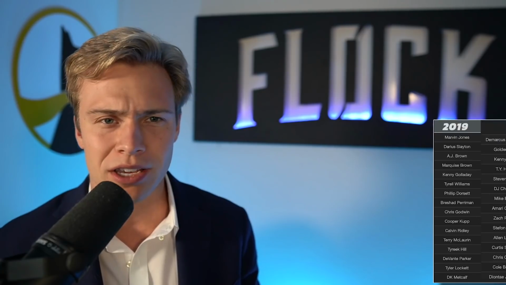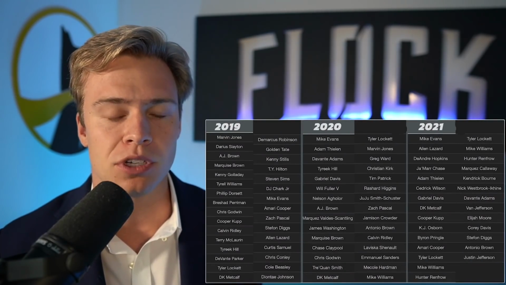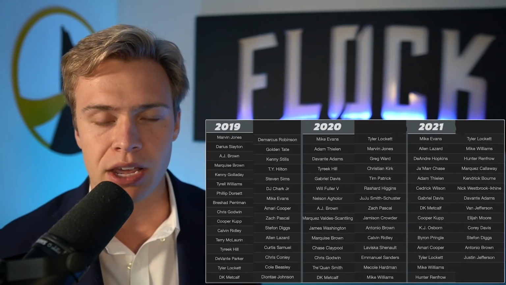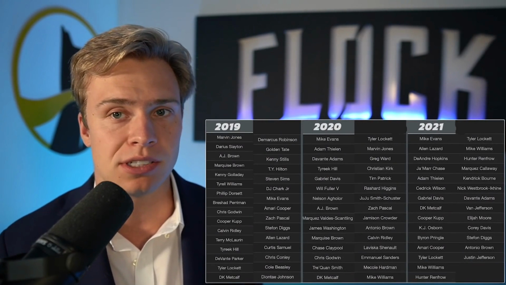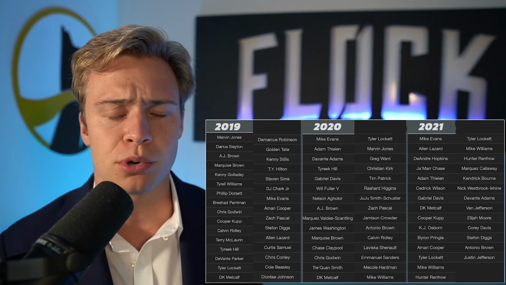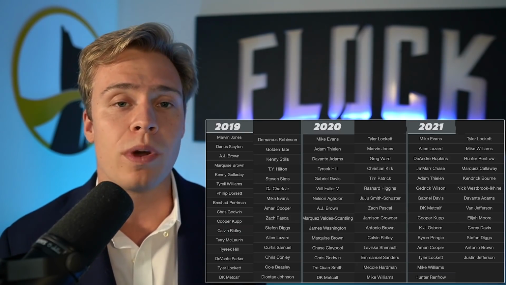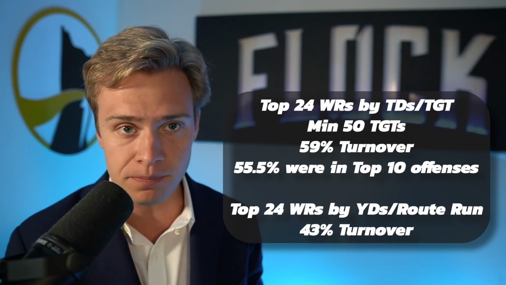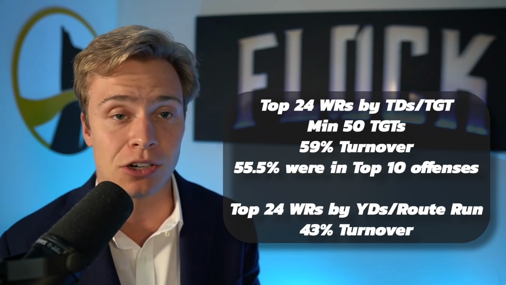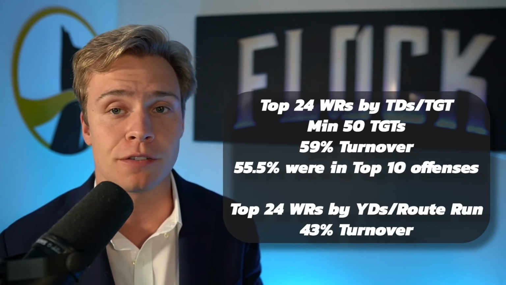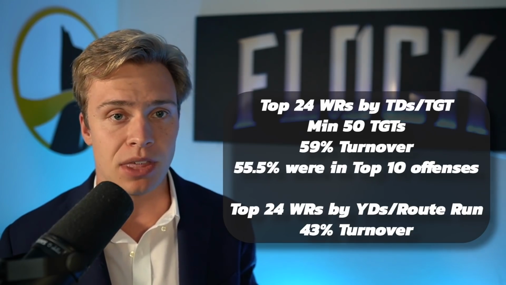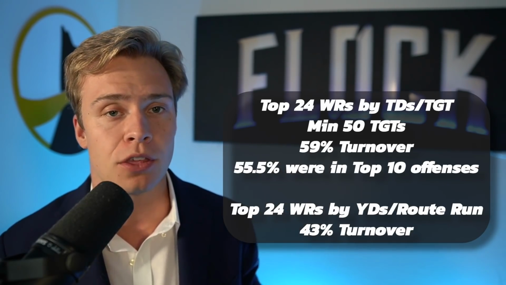And just as a baseline, I want to show y'all what a regular turnover rate looks like if we're looking at key statistics and how important they are and how predictive they are season to season. So I also went through and tracked the top 24 finishers at the wide receiver position with yards per route run. I think this is going to be a much stickier statistic in predicting future fantasy success. And we did the same thing, top 24 finishes over the 3 seasons.